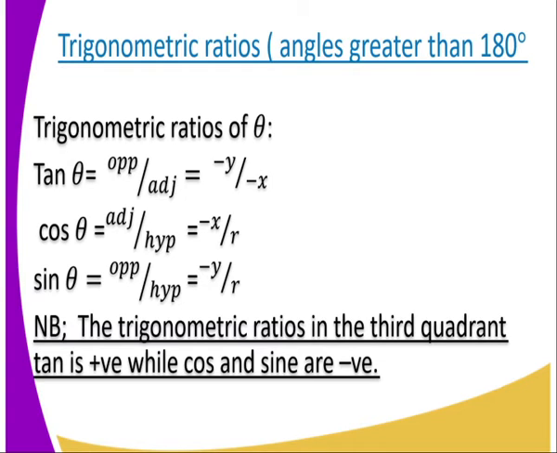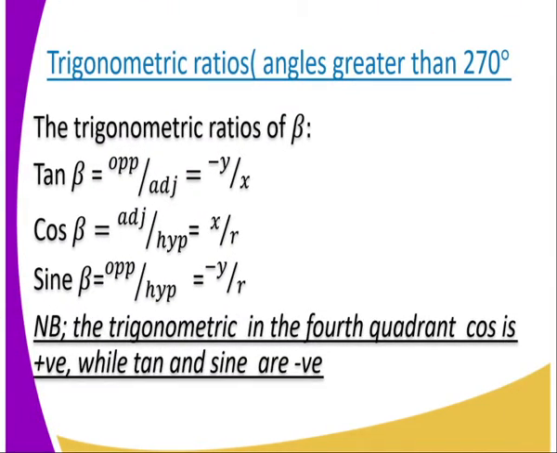And sine theta is opposite divided by the hypotenuse, which is negative y divided by r, and that is negative. So in the third quadrant, tan is positive, while cos and sine are negative.